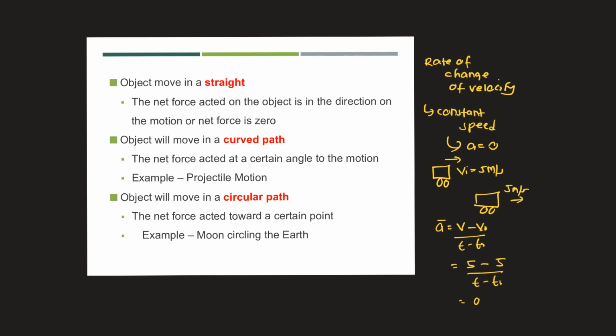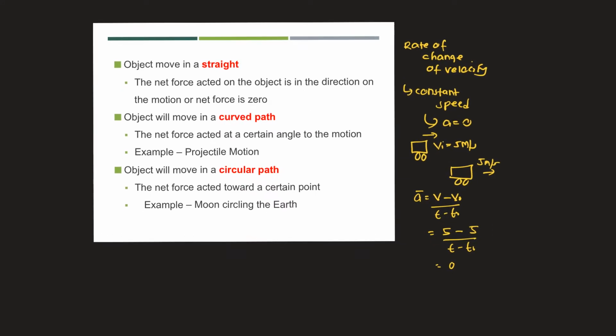What if we change the direction? Example, you have one car moving to the right at 5 meters per second, and we denote this as v initial. Then the car continuously moves with the same velocity, 5 meters per second, but going to the left. It changed the direction.